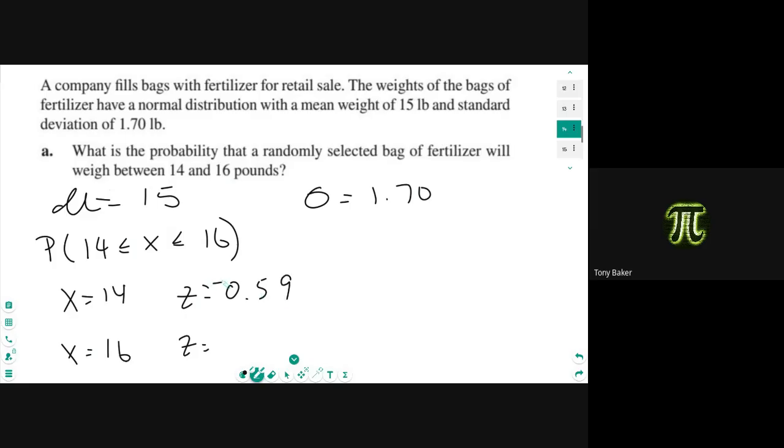What'd you get for the 16? It's going to be the exact same thing because it's still 1 on the top, right? Okay, so now we need to look up those values in the z table. And what's the negative one? And what's the positive one?